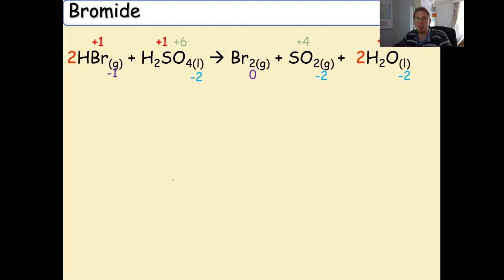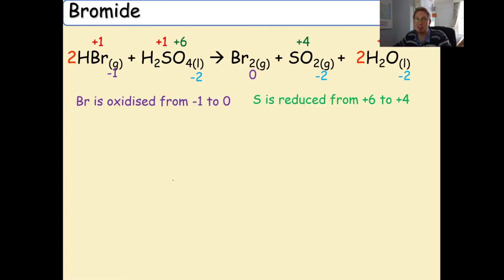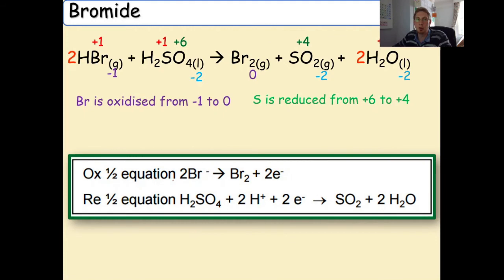Now that is a redox reaction. The sulfur's gone from +6 to +4. The bromide has gone from -1 up to bromine at 0. So you might also be asked to write the oxidation half equation from something like this: 2 bromides becoming bromine, releasing electrons, and sulfuric acid plus some extra protons generating sulfur dioxide and water.